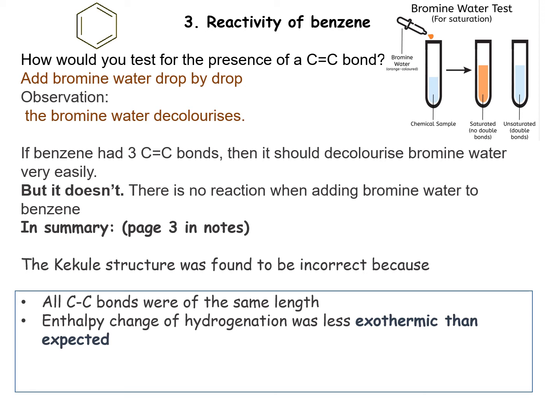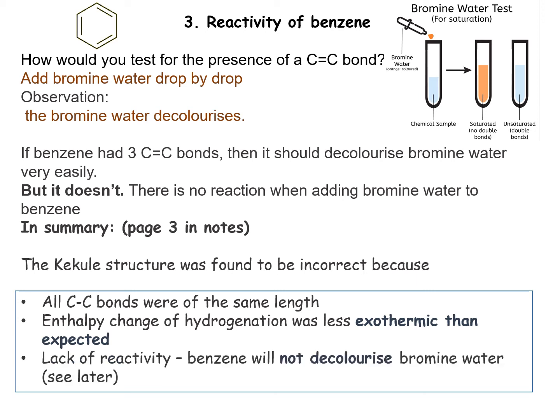Now, it's important that you use the term less exothermic rather than just less. Okay, we've got to be clear here what we mean. And the final piece of evidence, benzene displayed a lack of reactivity. The evidence of that is it does not decolorize bromine water as expected.